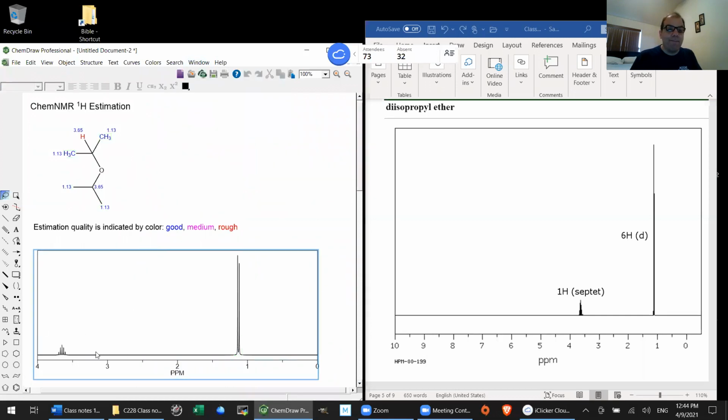So this might be a case where if I had put this problem on an exam, I probably would have wanted to use this one because it's much easier to see. I'd probably still point out that this is a doublet, and I would still point out that this is 7 lines, a septet. It's very difficult to see those last 2 peaks. I can just barely see the outermost 2 peaks. But ChemDraw does a pretty good job at calculating these things.